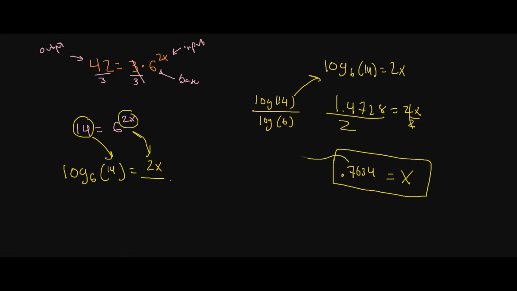So that means if I plug this into this function, I better get 42. So let's do 3 times 6 raised to the 2 times 0.7364, and let's see if we get approximately 42.